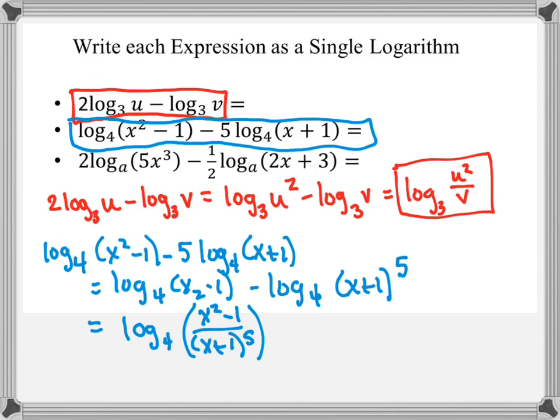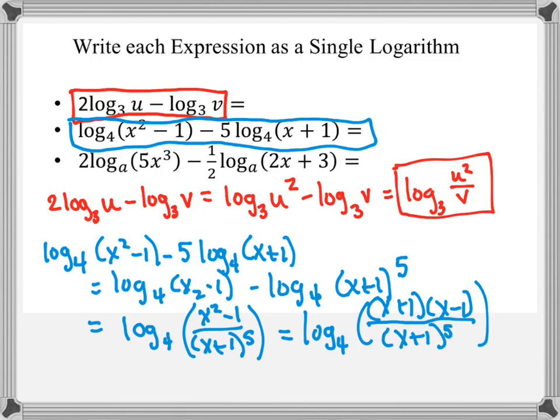So log base 4 of x squared minus 1 over x plus 1 quantity raised to the 5th power. And I can simplify this because I can factor that numerator to x plus 1 times x minus 1. The denominator will stay the same right now, x plus 1 raised to the 5th power.